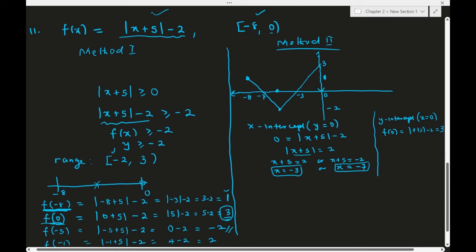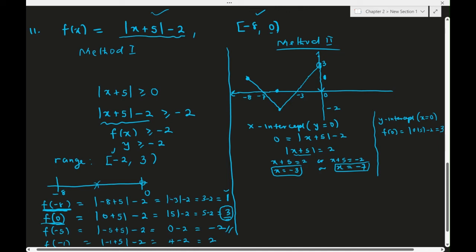Then, this is minus 8, right? But now we are considering 0 open. So this is 0, and at 0 we have the y-intercept here, which is 3. But because 0 is open, I have to come here and open this 3.